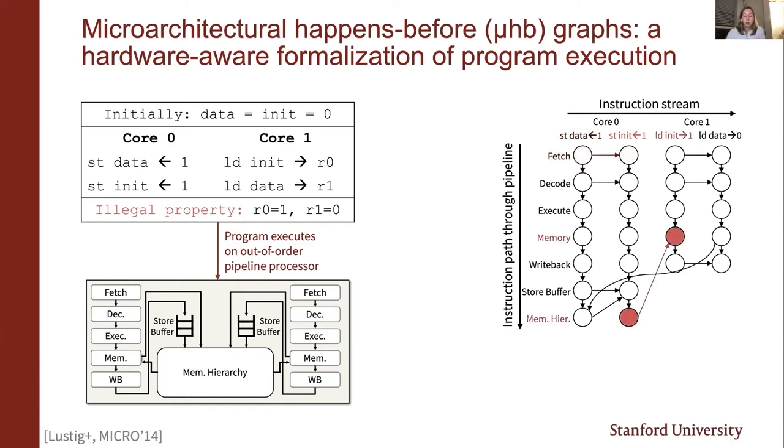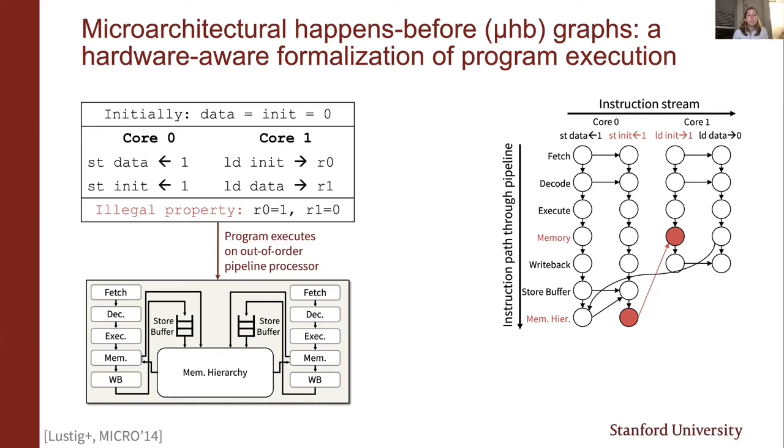Other edges, like this one, are not instruction agnostic, and rather they represent data flow relationships in the processor. For example, this particular happens before edge is representative of a data flow relationship between the store of one into init on core 0 and the load of init that returns the value 1 on core 1.